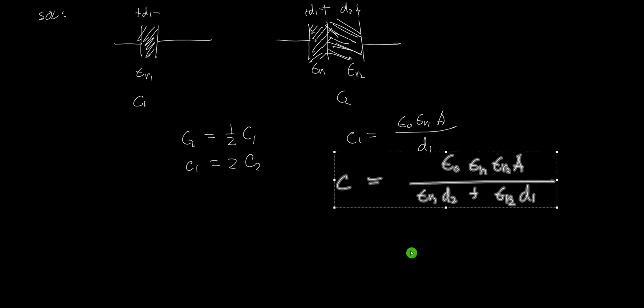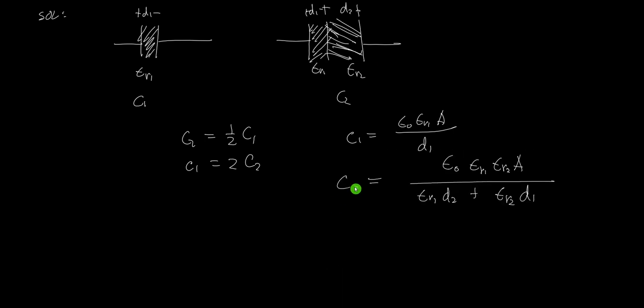So this will be C2, and epsilon R1 is this one, and so on, D1 and D2. Then we can substitute this in here. So we have C1 is epsilon naught, epsilon R1, area, all over D1.